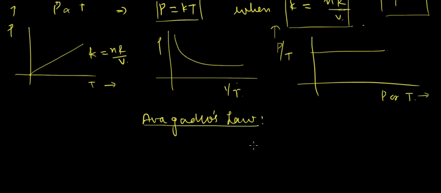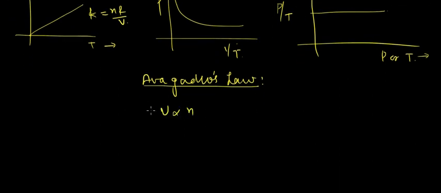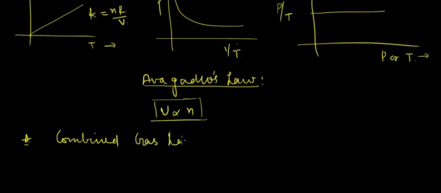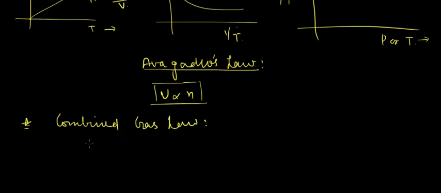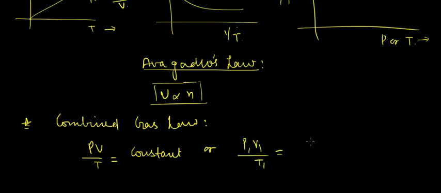Avogadro's law tells that volume is directly proportional to number of moles of the gas. Okay, and combined gas law is nothing but PV by T is constant, or we can say that P1V1 by T1 should be equal to P2V2 by T2.